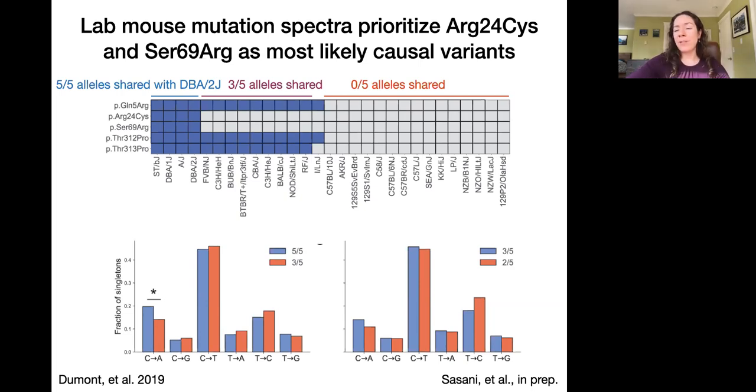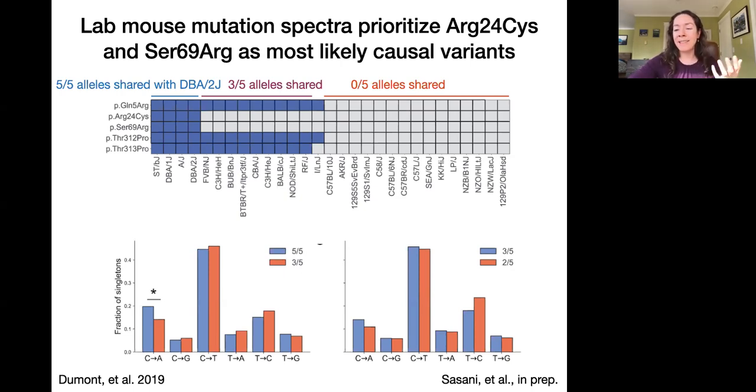And then there's a group of strains in the middle that share 3 out of the 5 alleles with DBA2J. And then we did a chi-squared test comparing the mutation spectra of each of these 3 groups of lab mice, and we found a significant difference between the 5 of 5 and 3 of 5 groups, and no significant difference between the 3 of 5 and 0 of 5 groups.